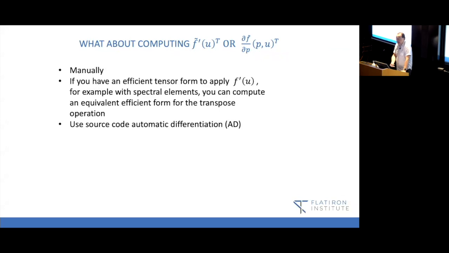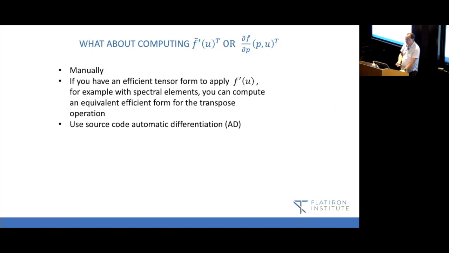So going back then to my second slide, what about computing the actual Jacobians of the f that's in your ODE? Well, you can do that, of course, or you can provide code that does the matrix vector products, because you may not need the actual Jacobians.